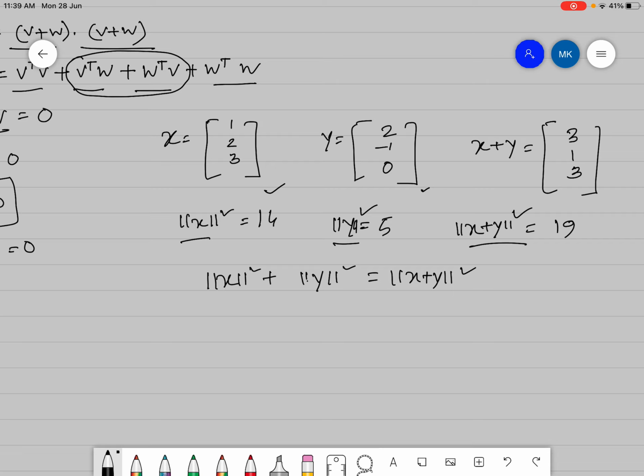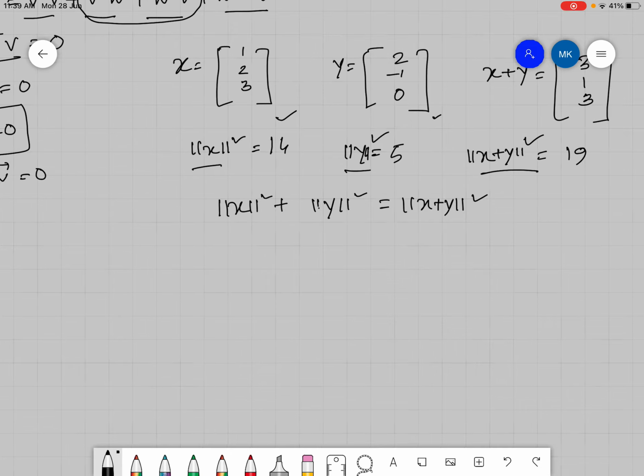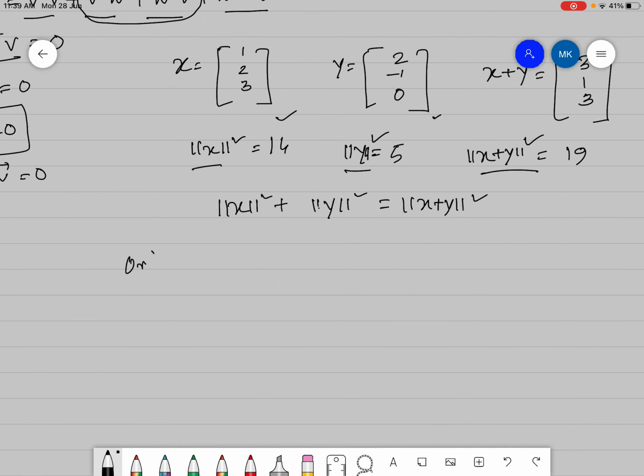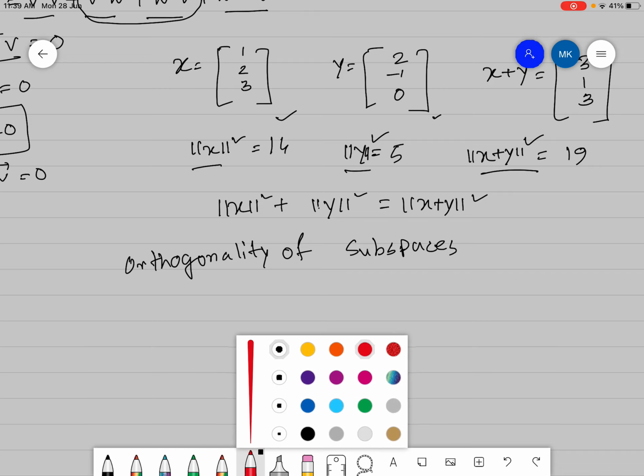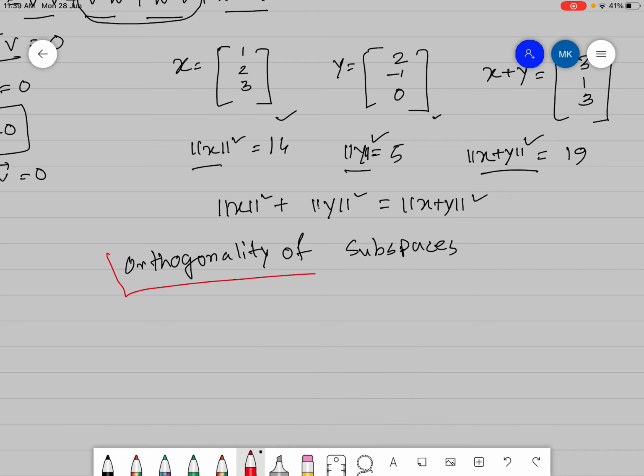Now what about the orthogonality of subspaces? Orthogonality of subspaces means two subspaces being orthogonal to each other.